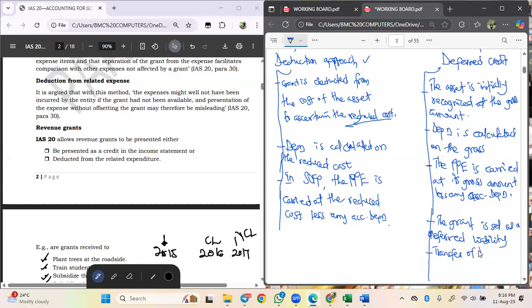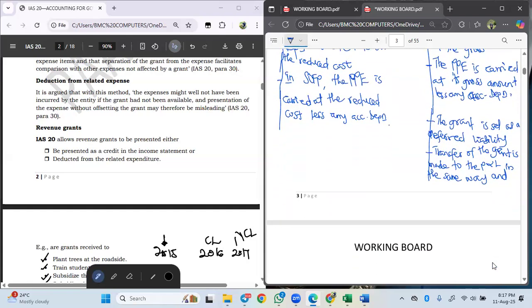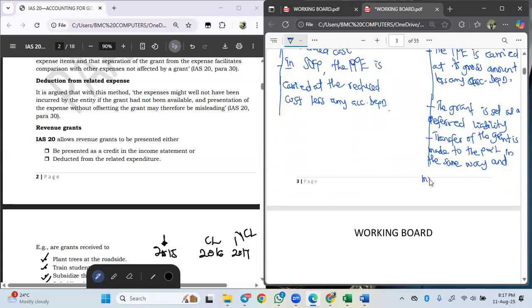And we are saying that the transfer of the grant is made to the P&L or the income statement in the same way and manner depreciation is charged.